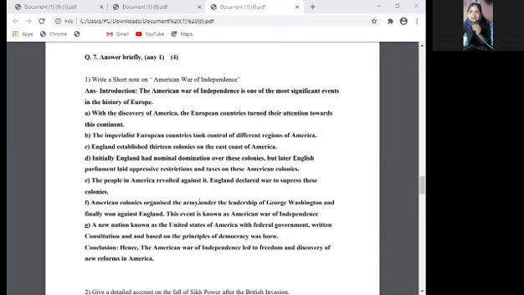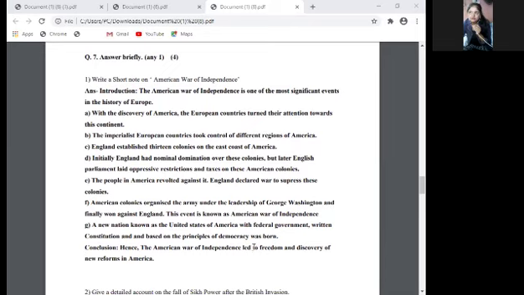American colonies organized the army under the leadership of George Washington and finally won against England. This event is known as the American War of Independence. A new nation known as the United States of America with federal government, written constitution and based on principles of democracy was born. Then we have a conclusion.